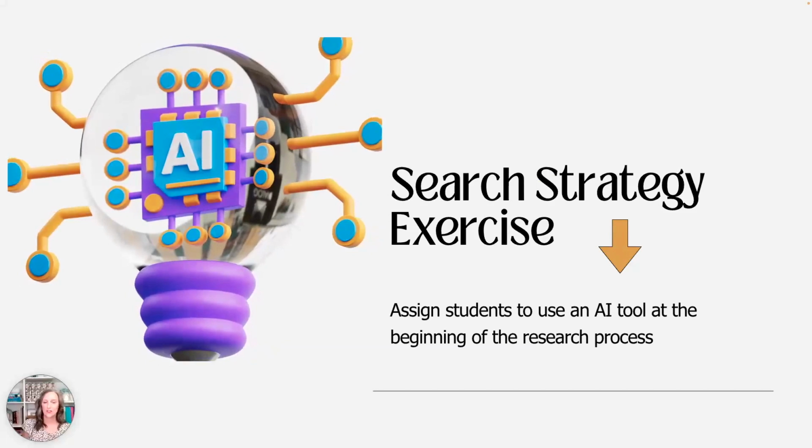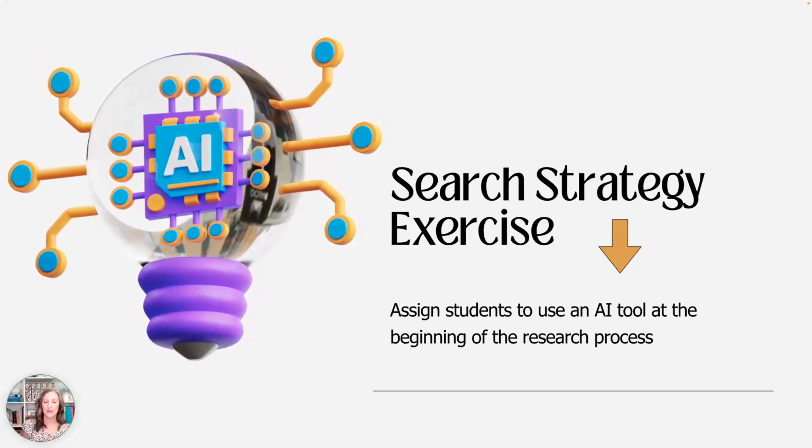I teach a first-year research course for University of Maryland Global Campus, and this year we've added an AI component to the assignment called the search strategy. In this exercise, we ask students to select a topic to do some initial research on and select a few sources for a hypothetical paper on their topic. This year, we've begun to direct students to go to a generative AI tool to begin exploring their topics.